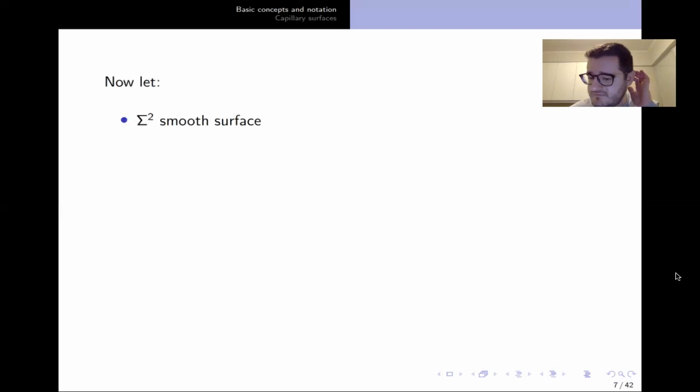What I talked about before was the global geometry of M. If we now restrict to immersions of smooth surfaces in M, we can still define other notions that depend on the immersion. So let's fix a smooth surface Σ and a two-sided immersion φ from Σ to M. This is just a differentiable map whose derivative is injective at every point.